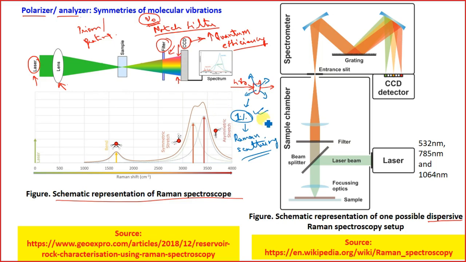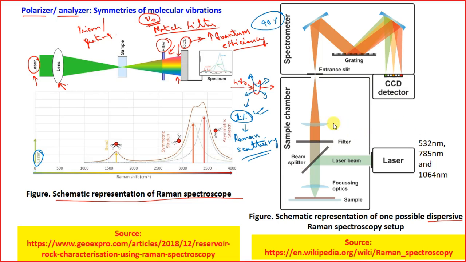Due to this reason, we use the CCD because it has very high quantum efficiency, which may be as high as 90%. Now, once you do this, you will get these spectral components. So you will have the Raman shift: you have the laser frequency, and accordingly you will have the Raman shifts.